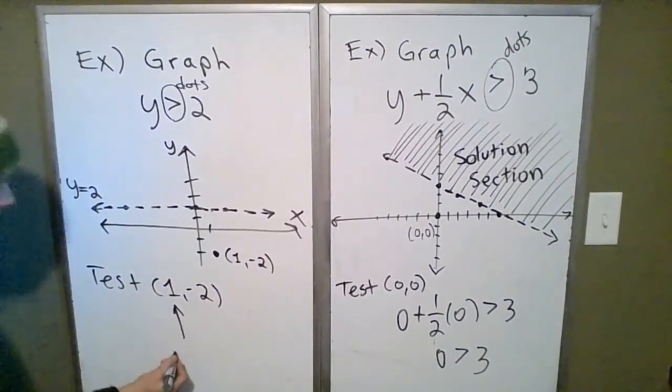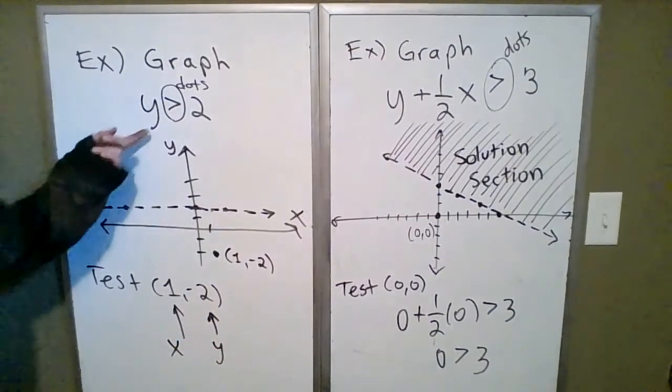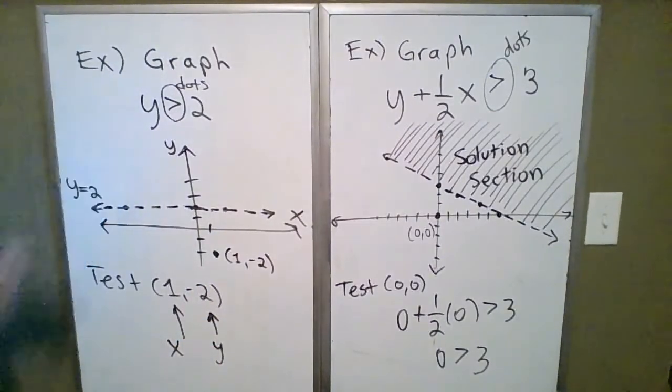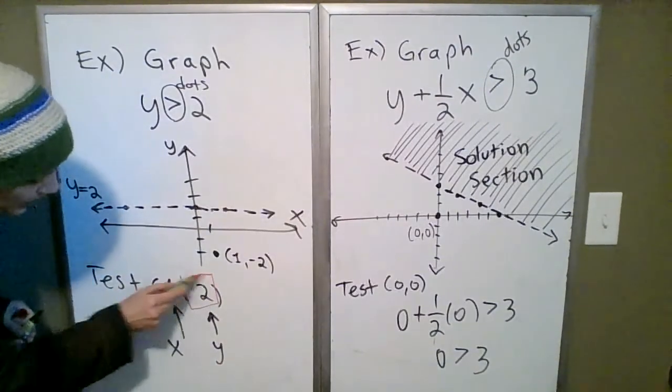Okay, that's my x value. That's my y. But all I need is the y value. So we're just going to pick this part of the point and put it into the inequality. See what happens.